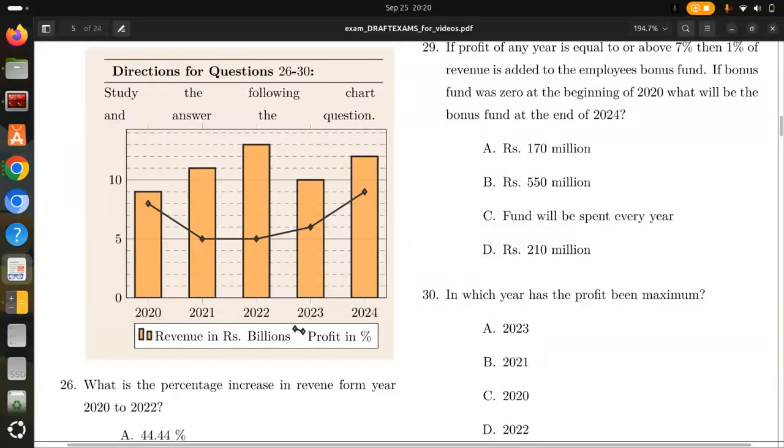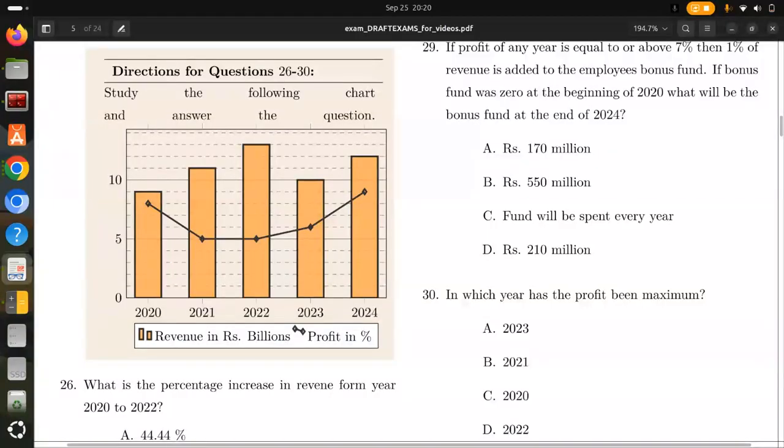Now, compared to these two, the percentage is the same, but the revenue is more in 2022. So definitely 2022 has the higher revenue, and therefore compared to 21 and 22, 22 will have more profit. Now compare 22 and 23, the profit percentage increases from 5 to 6, whereas the revenue decreases, almost 3 billion less revenue.